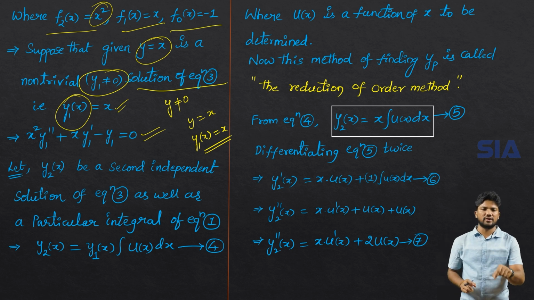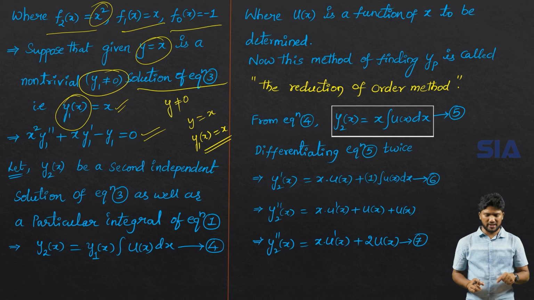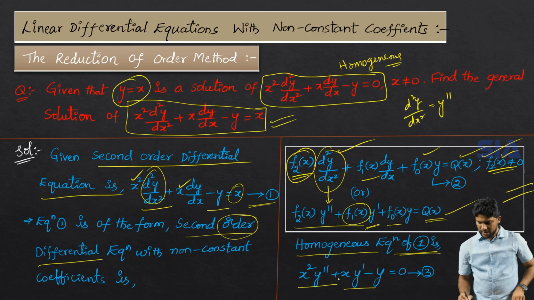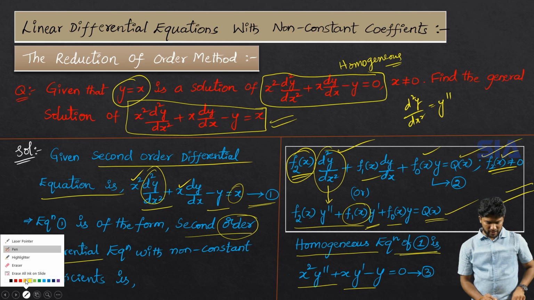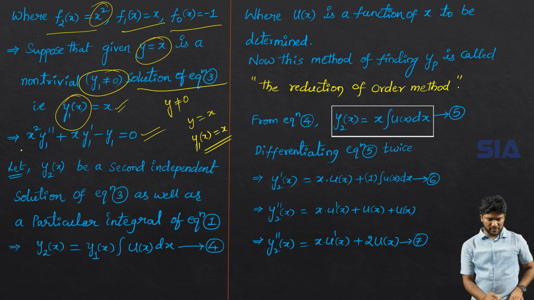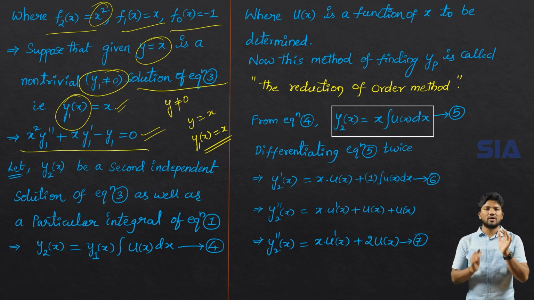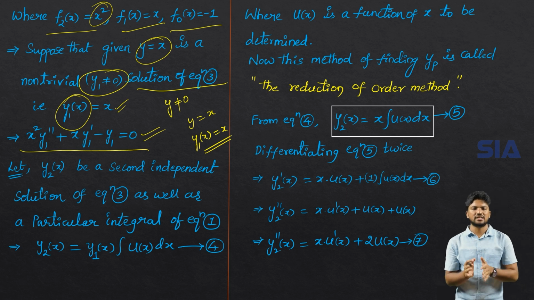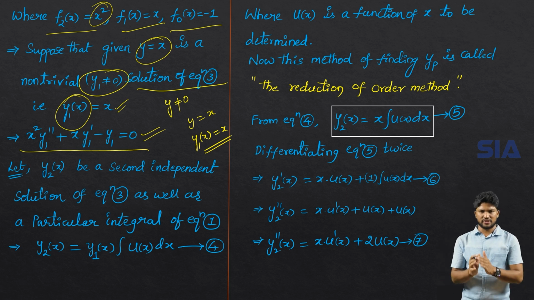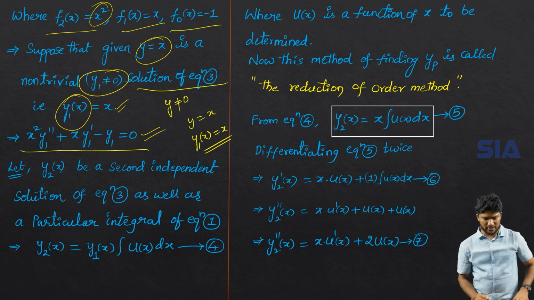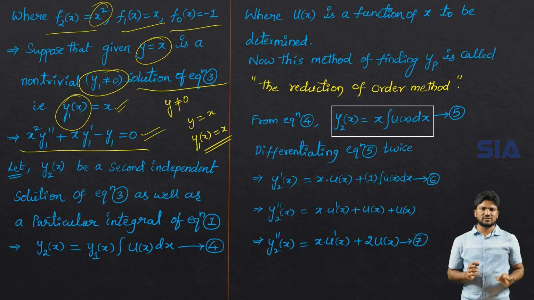So wherever you have y in equation number 3, substitute y1. After substituting y1, you will get x² y1 double dash plus x into y1 dash minus y1 is equal to 0. Just in place of small y, we are replacing with y1 in equation number 3. So that is one linearly independent solution.